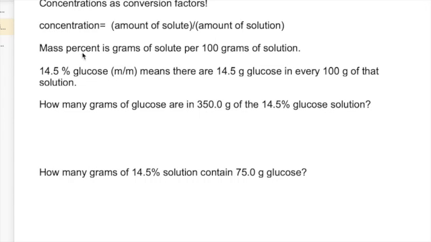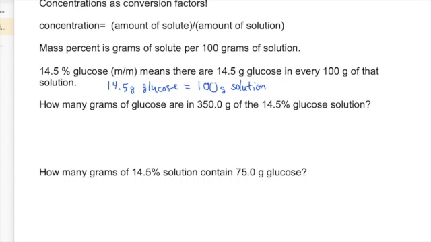The mass percent concentration is a relationship between grams of solute and 100 grams of solution. So what this means is if you have a 14.5 mass percent glucose solution, then that means that there are 14.5 grams of glucose in every 100 grams of solution.